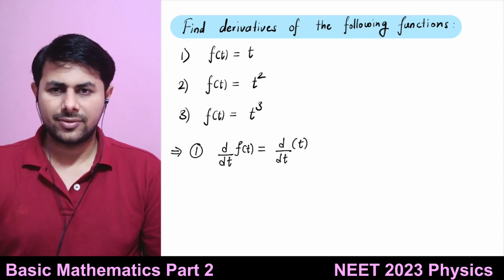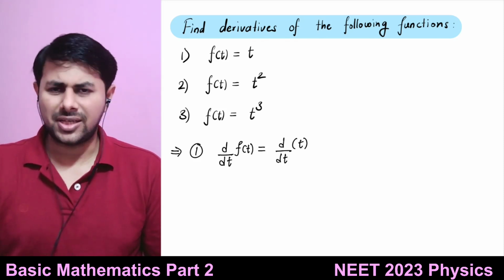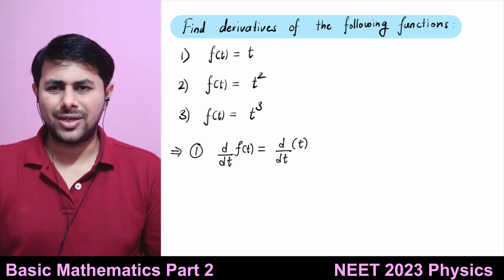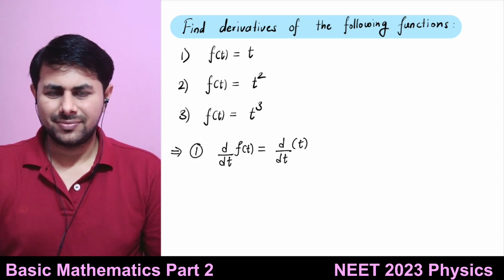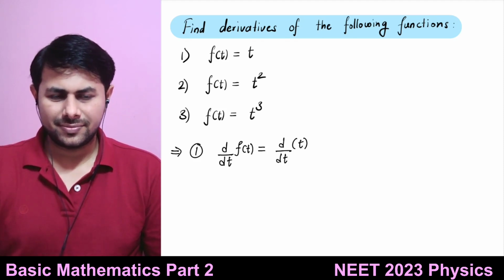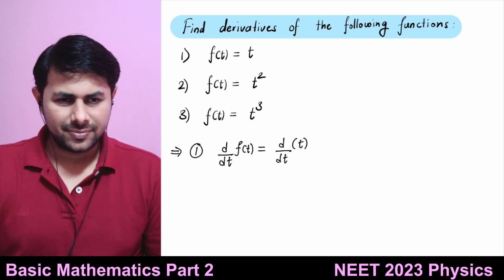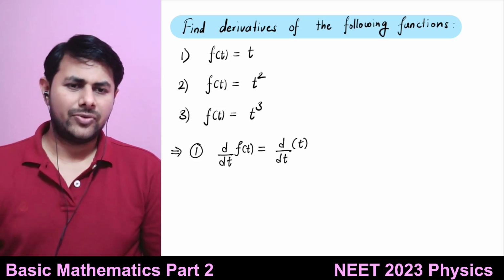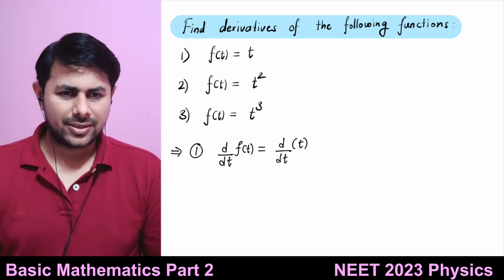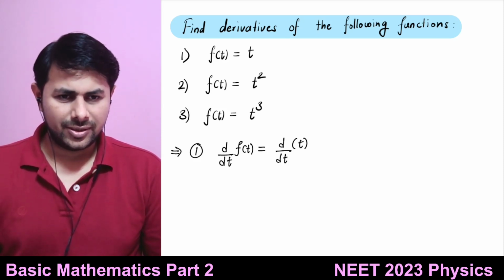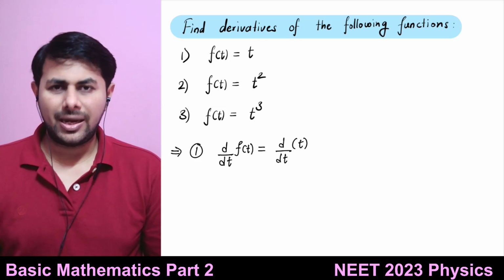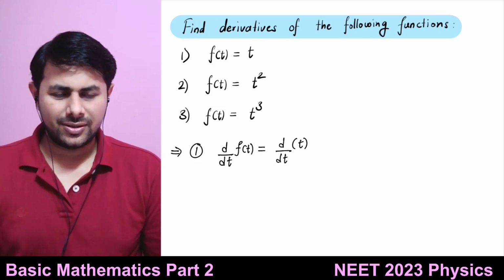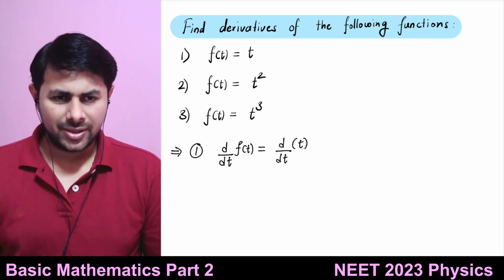Okay, how will the graph of this f of t with respect to t look? You can write x2 minus x1 upon t2 minus t1, but that will give you the average difference, right? We want the instantaneous difference.